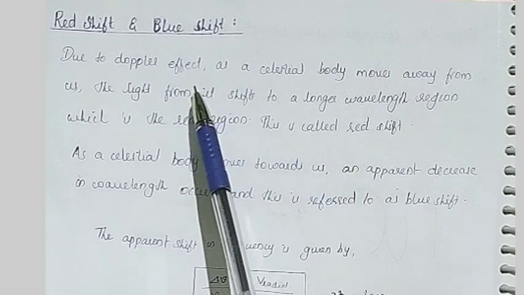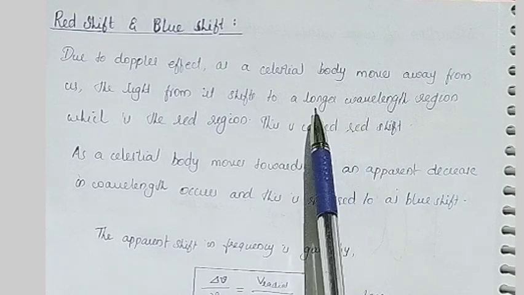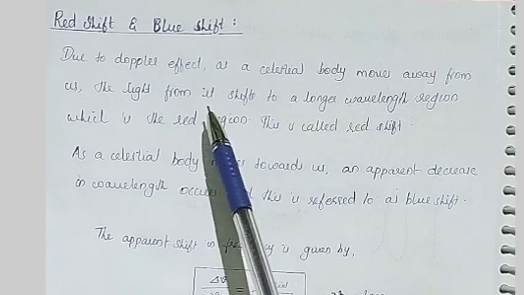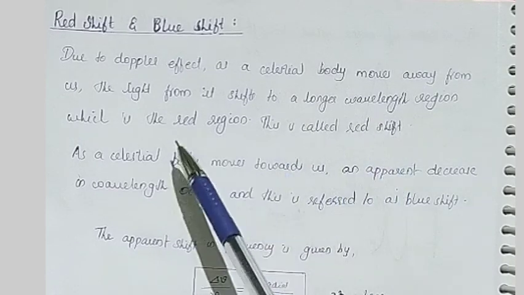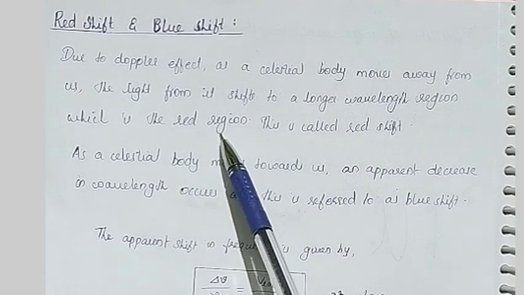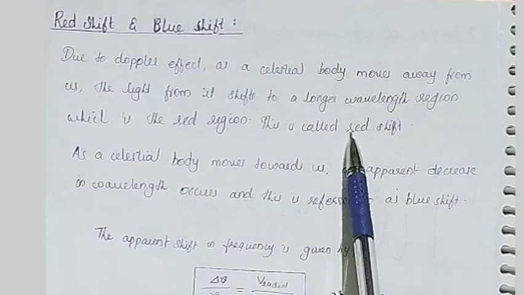So when a celestial body is moving away, the wavelength becomes longer, or the light shifts to a longer wavelength. Thus we are seeing that celestial body in the red region. This is called the red shift.